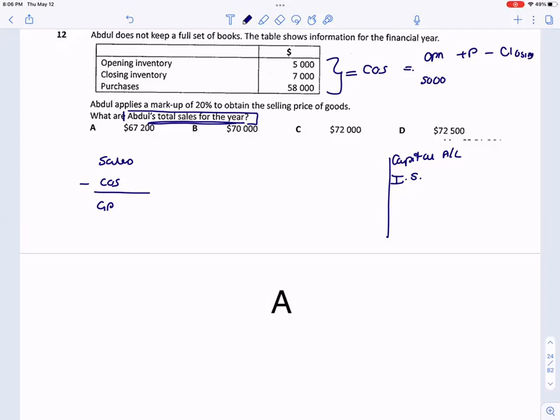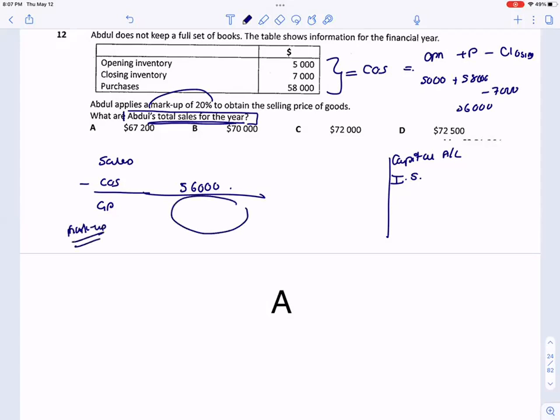Can you give me the cost of sales? On the calculator, not by staring at me. 56,000. Cost of sales is 56,000. Markup is on? It gives you gross profit, but on what?